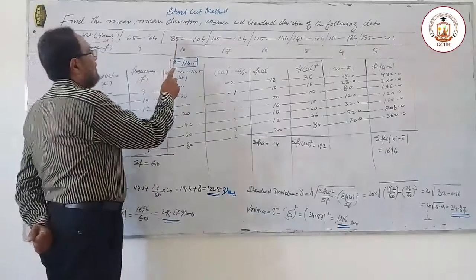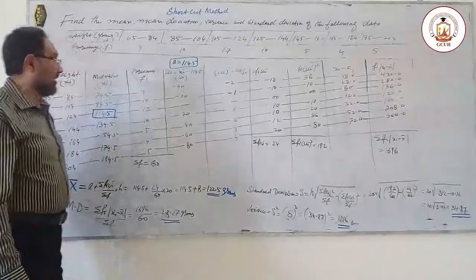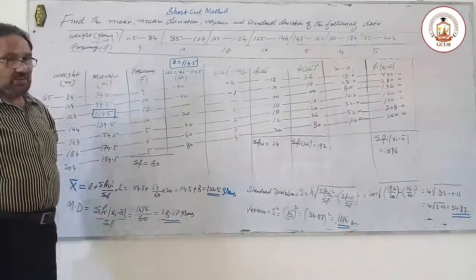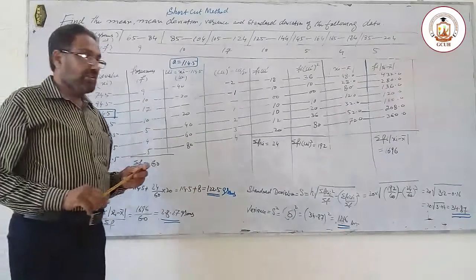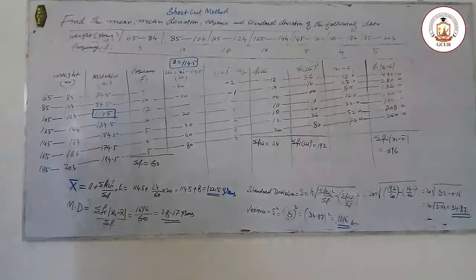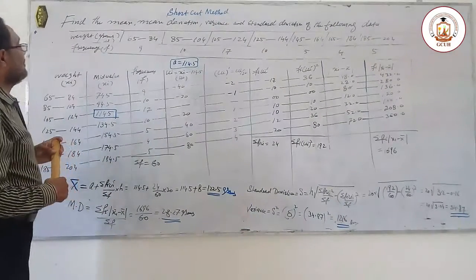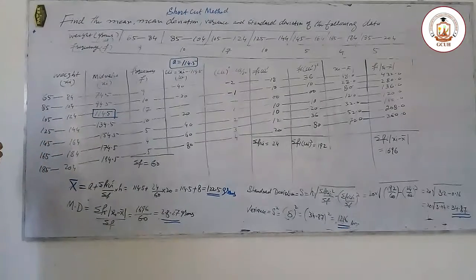The frequency of the class interval 85 to 104 is 10 and so on. This is a continuous series, grouped data, and we will solve the same thing that we have already done.